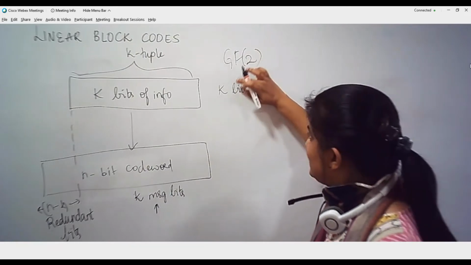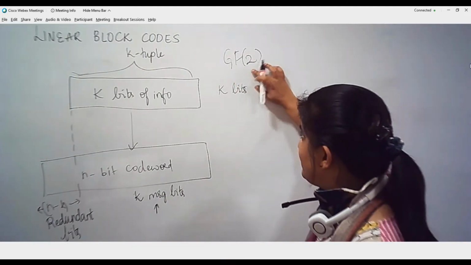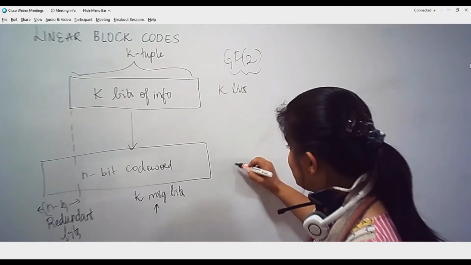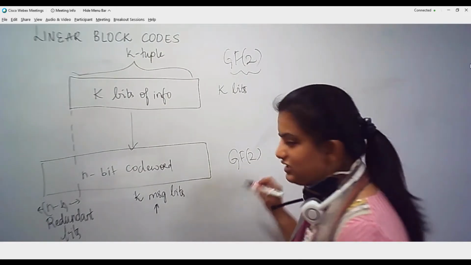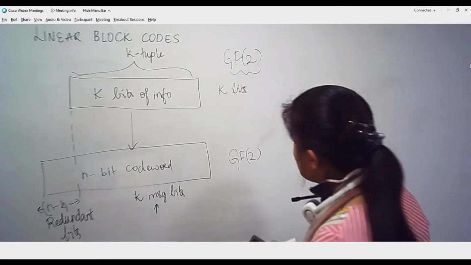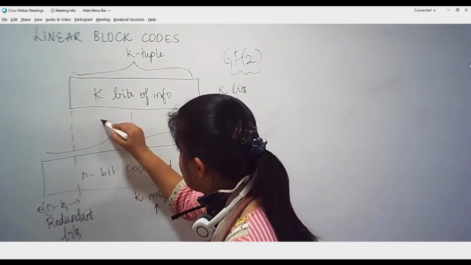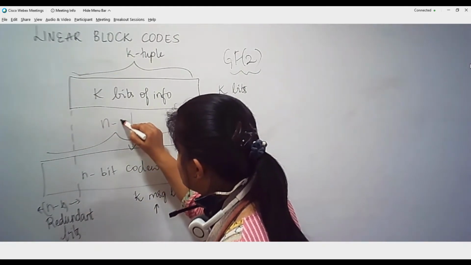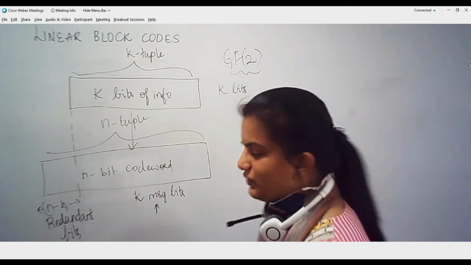That means these k bits are formed by zeros and ones which are derived from this Galois field 2. Similarly, these n bits are also formed by the elements present in GF of 2. So therefore this code word is called an n tuple or n dimension vector. This is a k dimension vector.